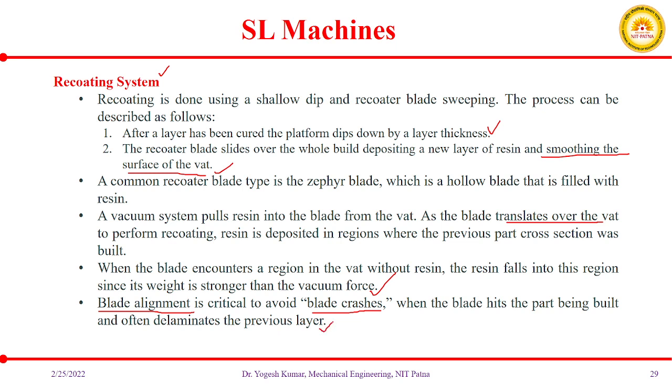If it strikes the previously solidified layer, obviously either the blade is going to crash, or the printed part is going to be disturbed. So we need to be very sure about the blade alignment, otherwise we are not going to get the quality which we were supposed to get using your SL machine.